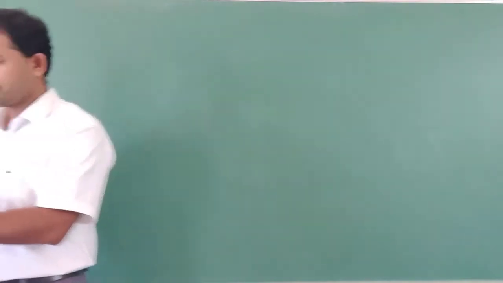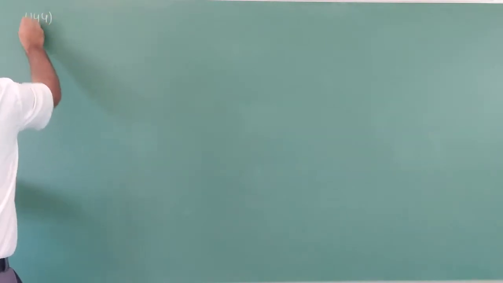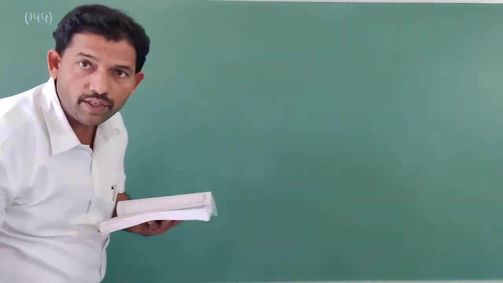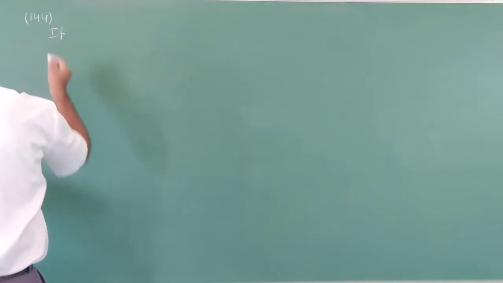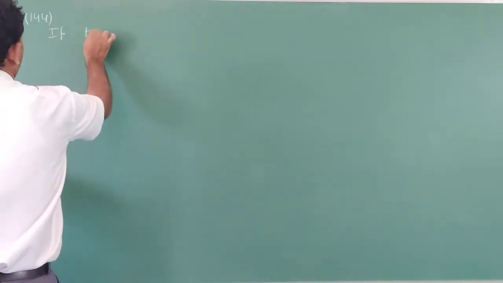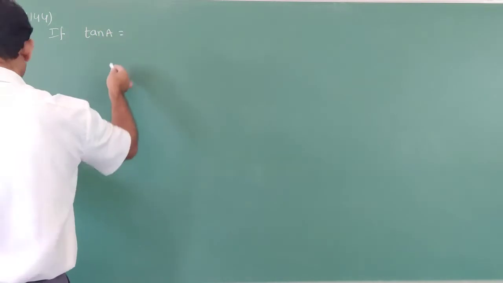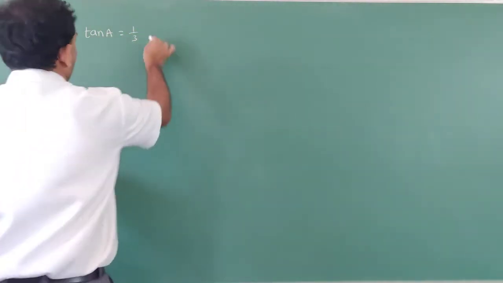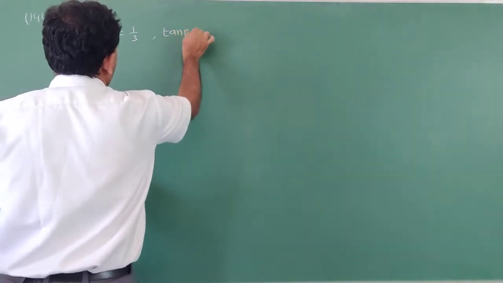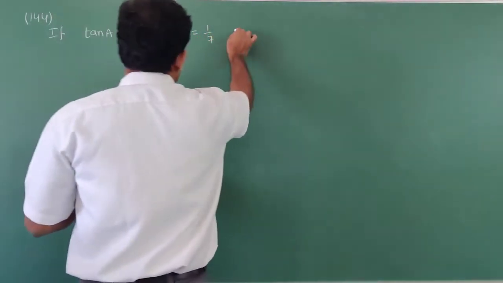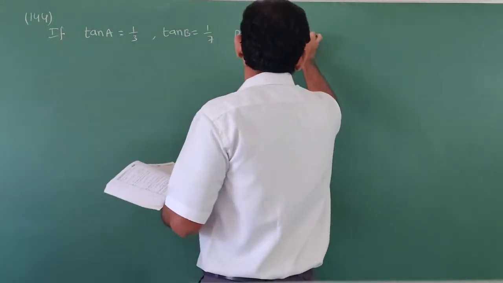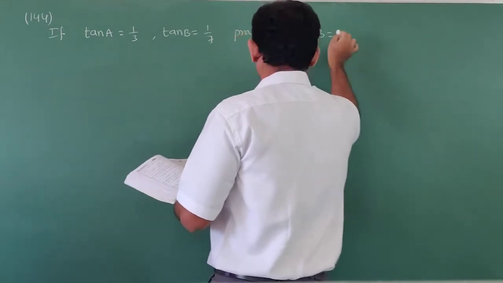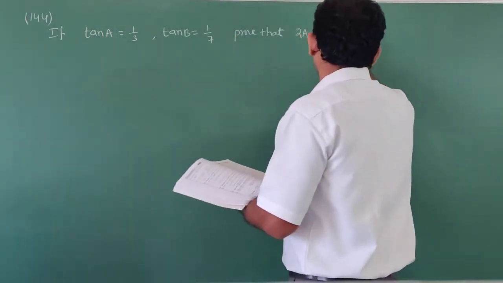Show that if tan A equal to 1 by 3, tan B equal to 1 by 7, prove that 2A plus B is equal to pi by 4.